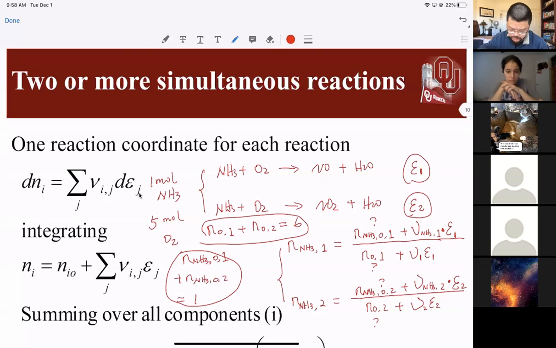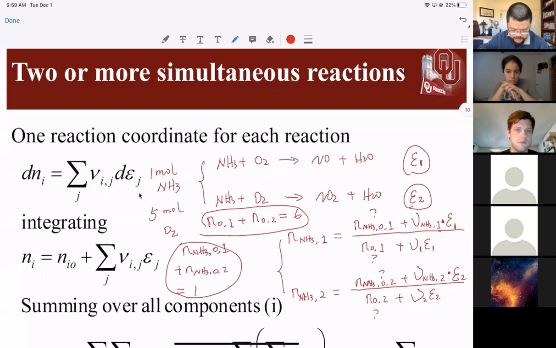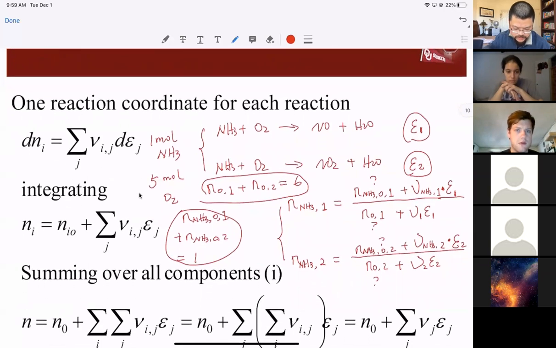So now let's try to look at the equations. We said if I'm going to have the reaction coordinate for each reaction, then pay attention over here. We need to identify the reaction coordinate for all those equations, and you need to run the calculations individually for each of them, for all the components.